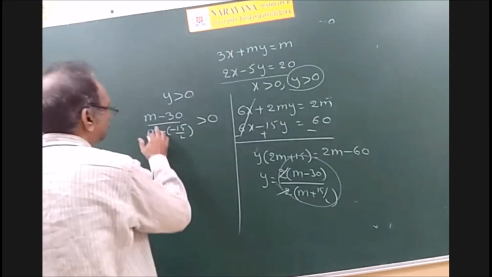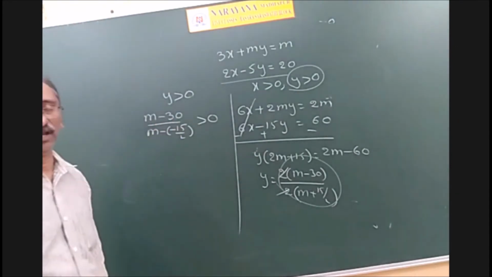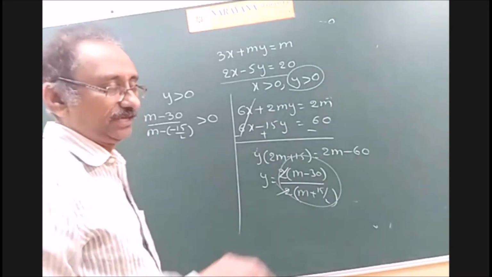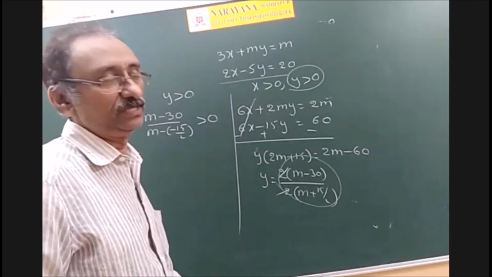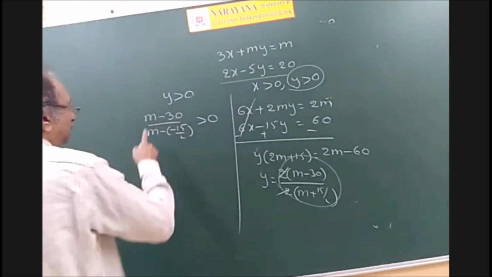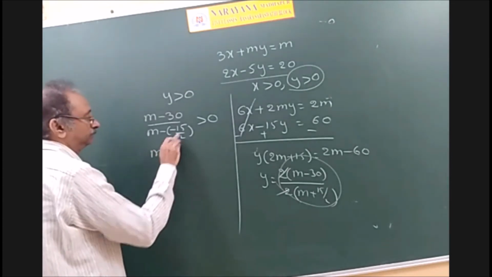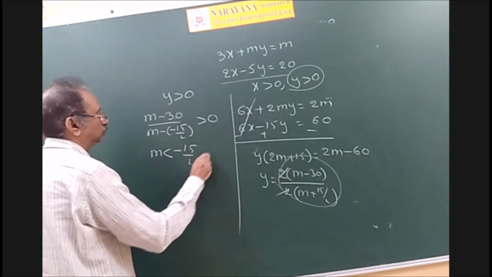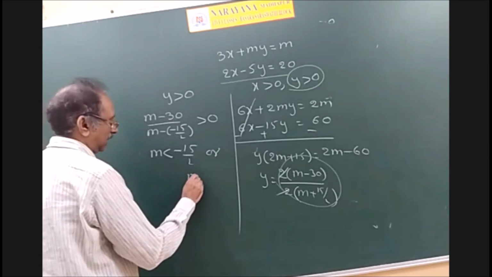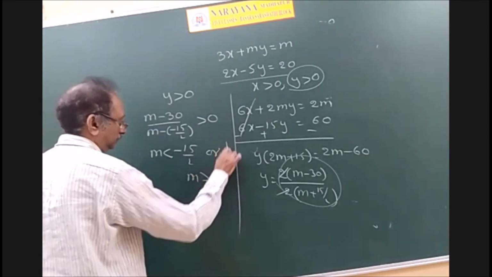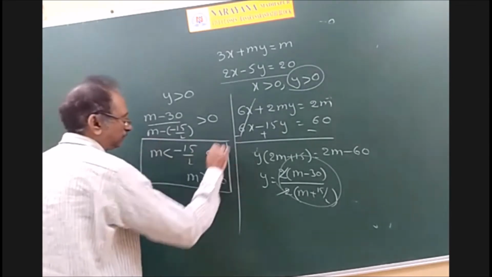So x minus alpha by x minus beta greater than 0 means x should not lie in between alpha and beta. That means either m less than minus 15 by 2 or m greater than 30. So this is one possibility.